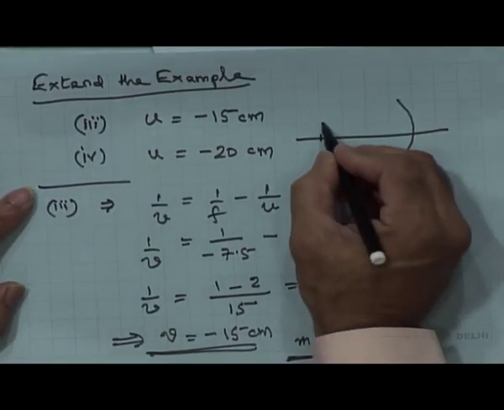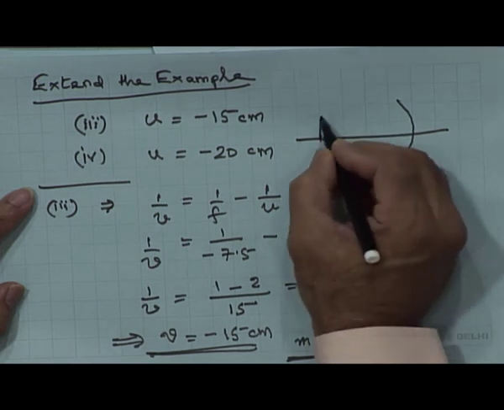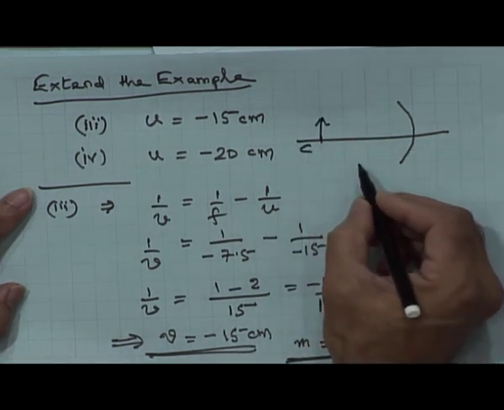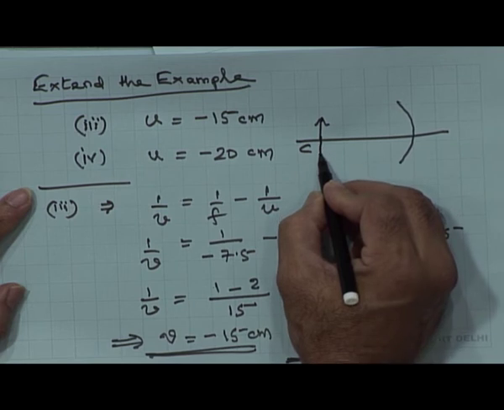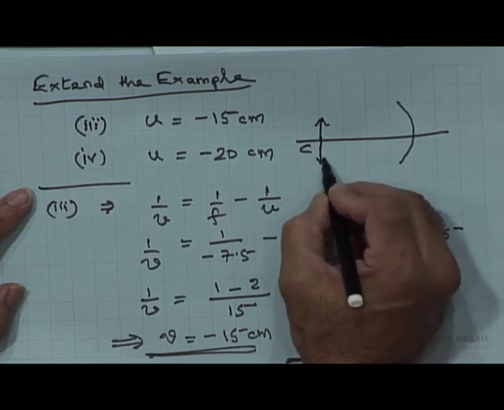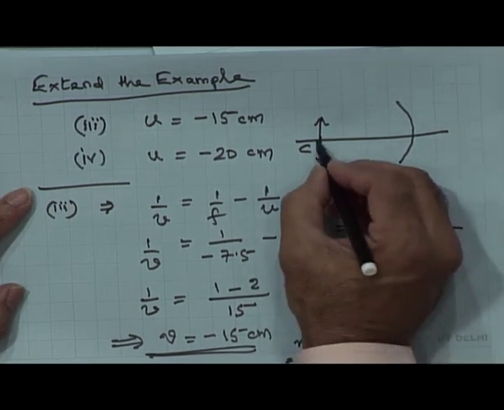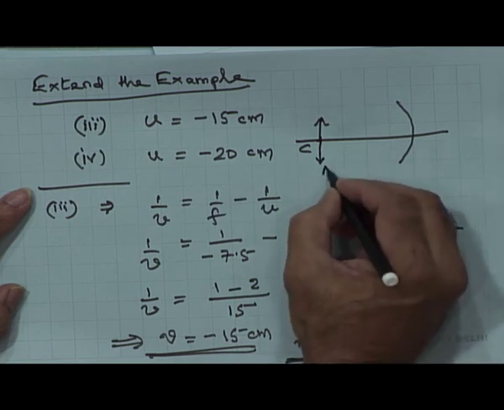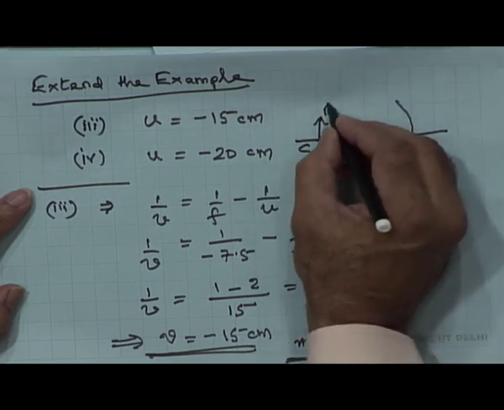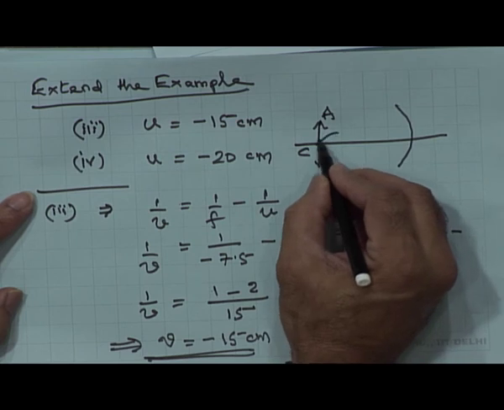So, the object was at the radius of curvature here. So, this is point C, and we have got the image also right here at the same place, an inverted image. So, this is A dash, and this is A, and this is of course B and B dash.